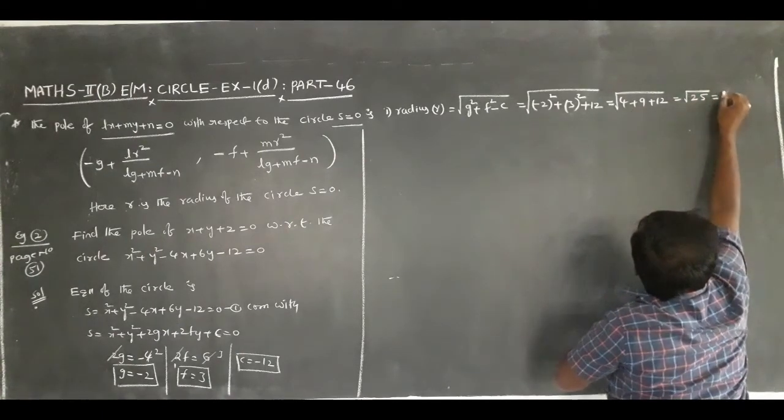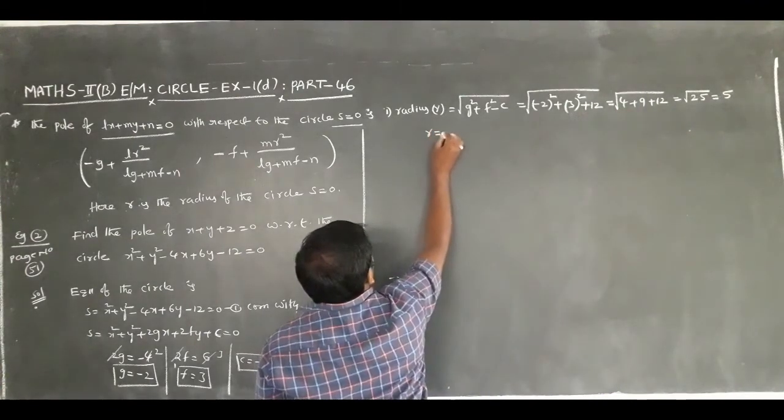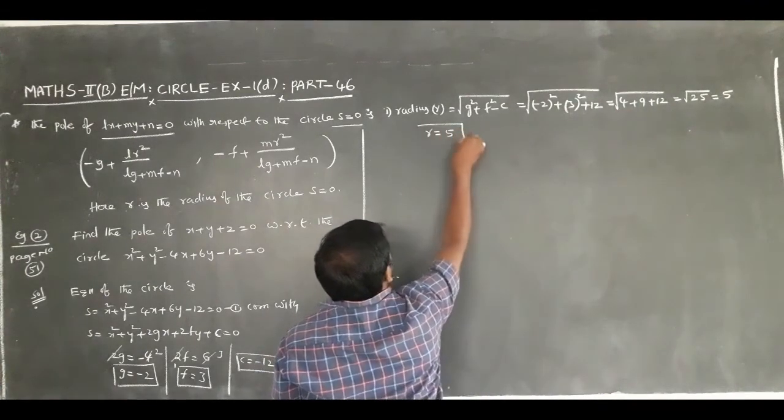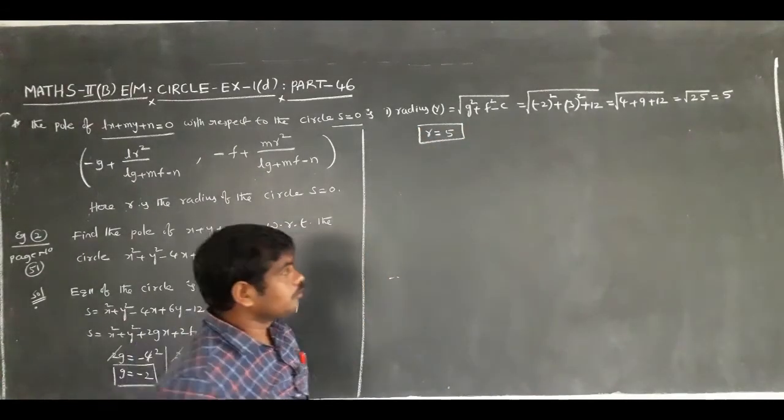Root 25 means 5. Here the radius of the circle is equal to 5.